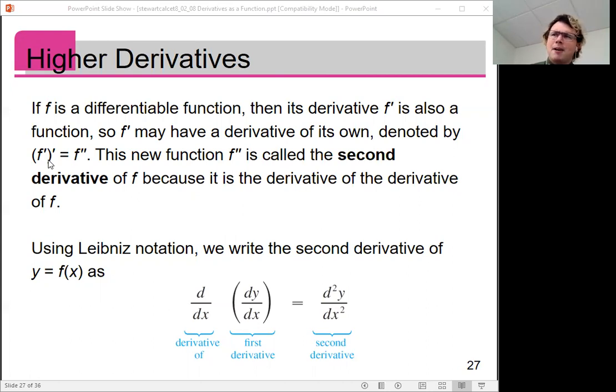Well, what would I call that? F prime prime? So for notation, we're going to stick another apostrophe up top on my f. We get f double prime, is the way I would say that out loud.